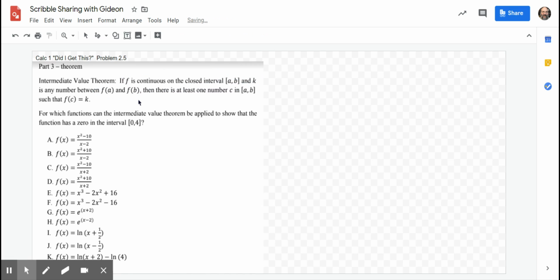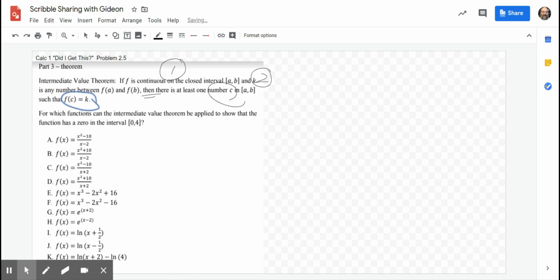And then we're done with the if, right? We have two things: the continuous on the closed interval that we need to confirm, and the k is somewhere between the function evaluated at a and evaluated at b. If those two things are confirmed, then we know there's a c so that f of c is k.